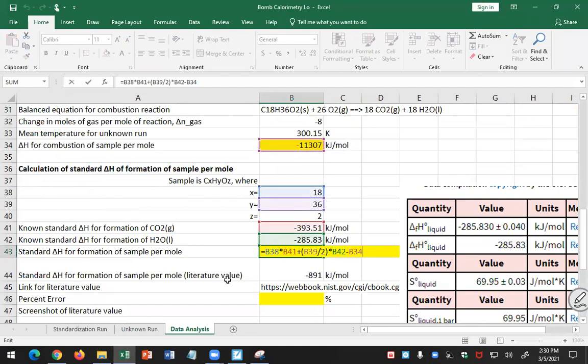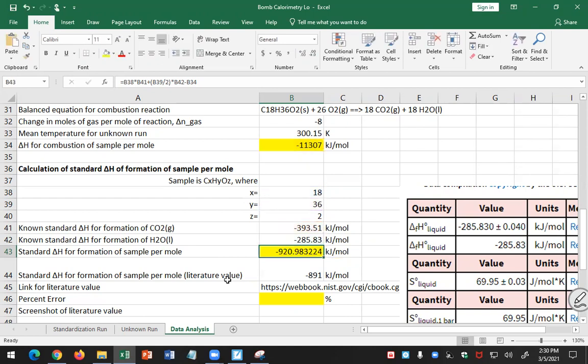Okay, so that's x times delta H formation of CO2 plus y over 2 times delta H formation of water minus the delta H of combustion. All right, so that's what you need to do. Pretty accurate given that I didn't even try to be accurate. Of course, this is a simulation.